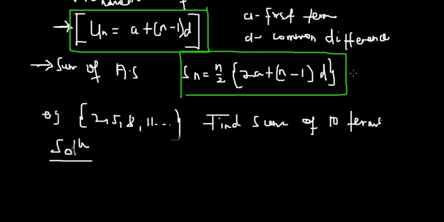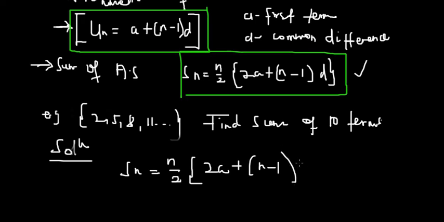So this is the formula we'll be implementing: Sn equals n on 2, times 2a plus n minus 1, times the common difference.